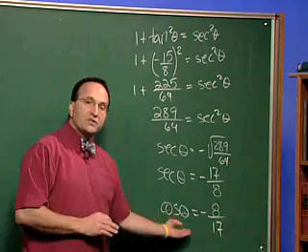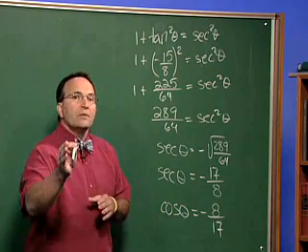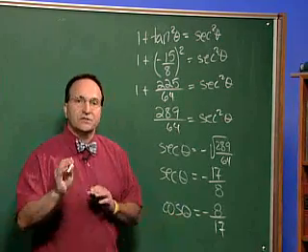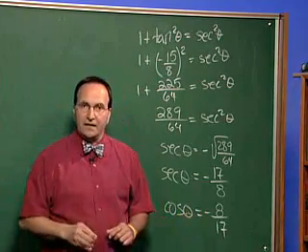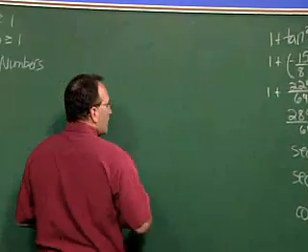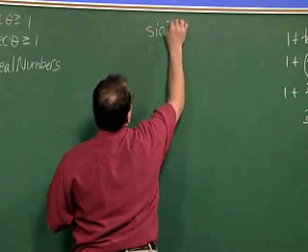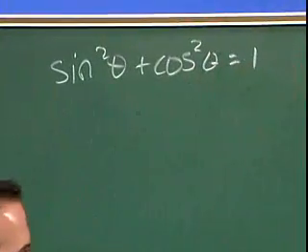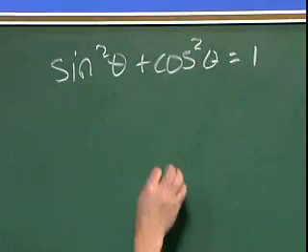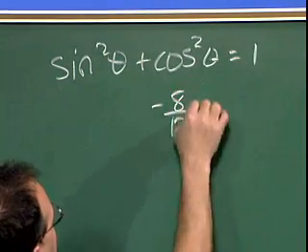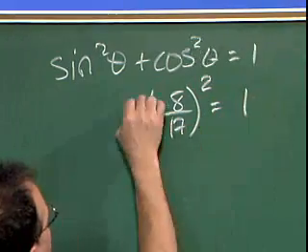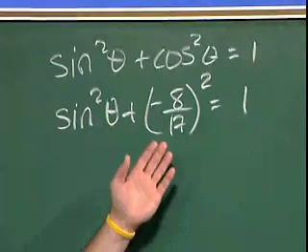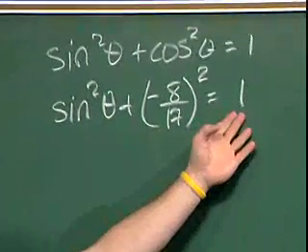Now that we have the cosine theta, we can use another Pythagorean identity, which involves cosine theta and sine theta, to determine sine theta. So let's do that. We know that sine squared theta plus cosine squared theta is 1. Well, cosine theta, we know, is negative 8 over 17. So we plug that in, and we have sine squared theta plus (-8/17) squared is equal to 1.